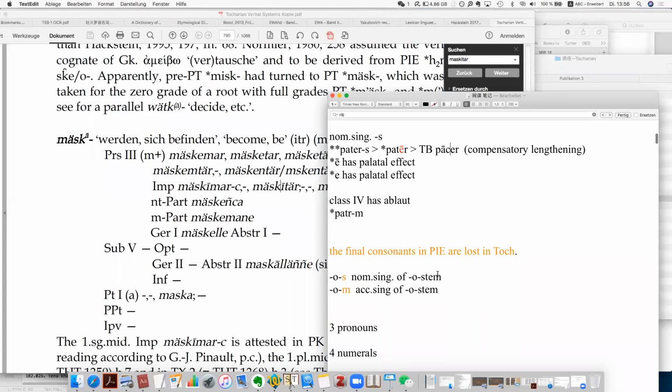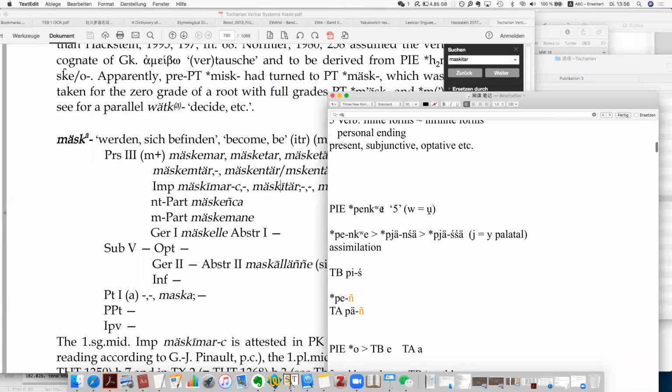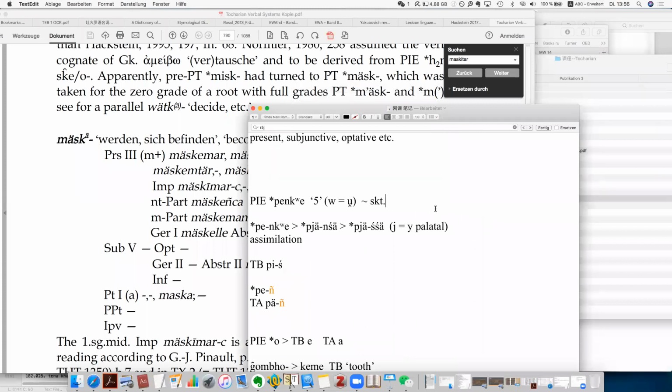And then we talked about the word for 5. This is a sound change that pair becomes a P in Tocharian B, become per in Tocharian A, and the final consonant is also different. And this penque in Sanskrit. Can anyone tell me the Sanskrit word for 5? What is the Sanskrit word for 5?